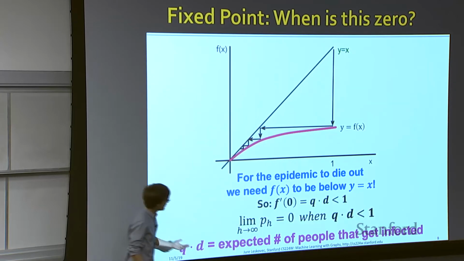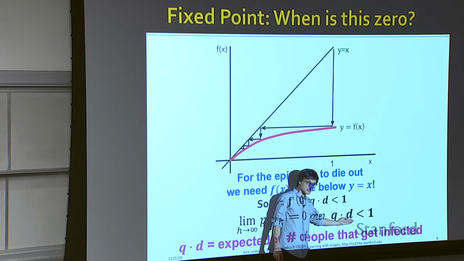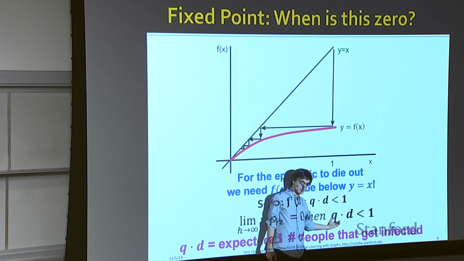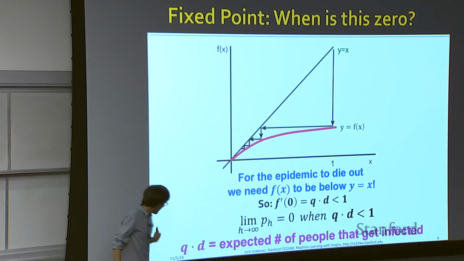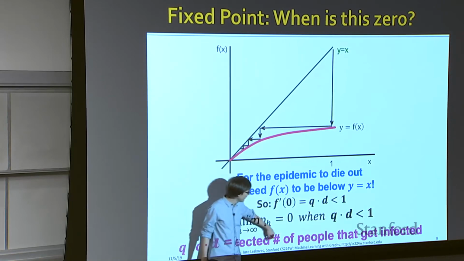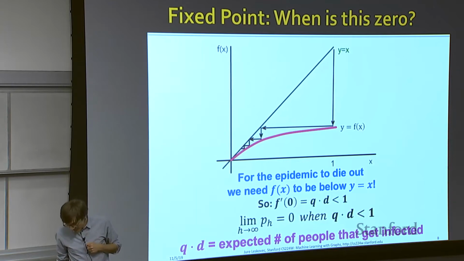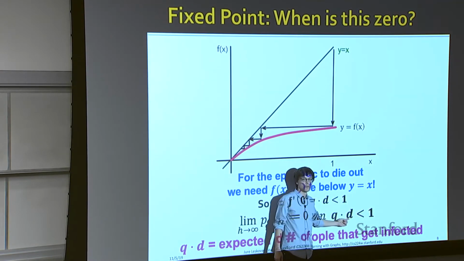So now you are like, okay, you derived this q times d. What does this mean? Actually, this is a very intuitive and simple result, right? This is the number of children. This is the probability that you will infect a child. And q times d is the expected number of people that get infected by an infected person. And this is a super fundamental quantity of all diseases.